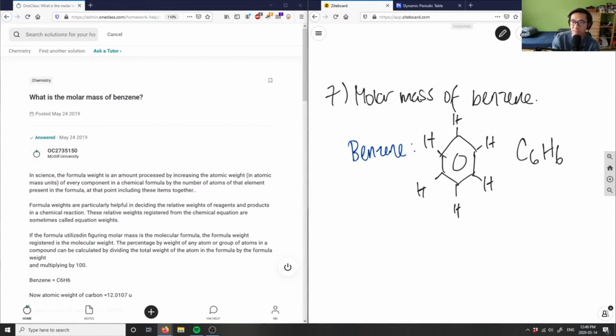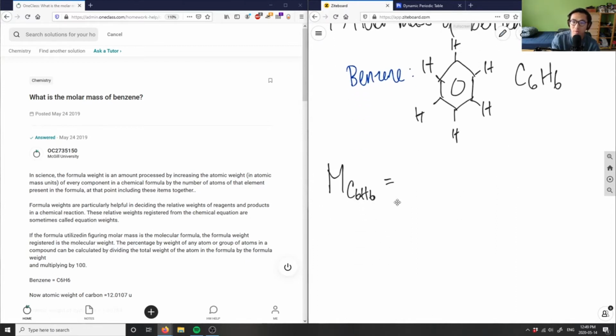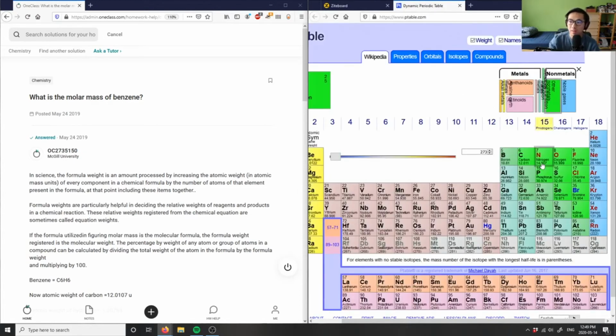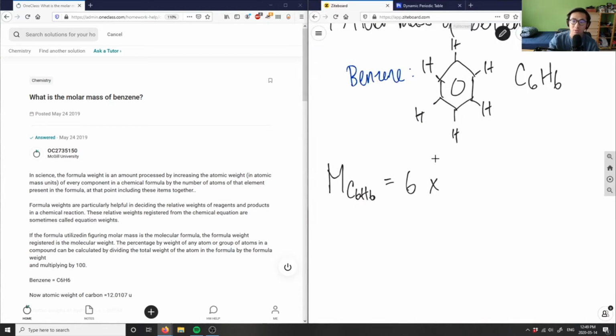And what I have to do is simply find the molar mass. So the molar mass, big M, of C6H6 is going to equal, well, I have C6H6, which means I have 6 carbons. Carbon is this guy here, 12.011, so 12.01 grams per mole, the molar mass of carbon.